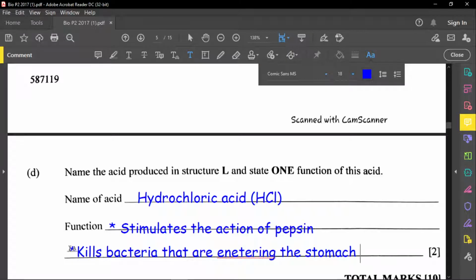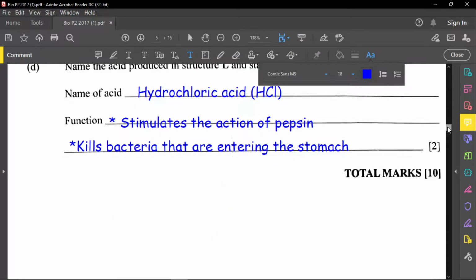So very importantly, those are the two main functions of the hydrochloric acid within the stomach: to stimulate the action of pepsin and also kill bacteria that are entering the stomach. All right, now let's jump into our next part of the question. All right, this question is completed.